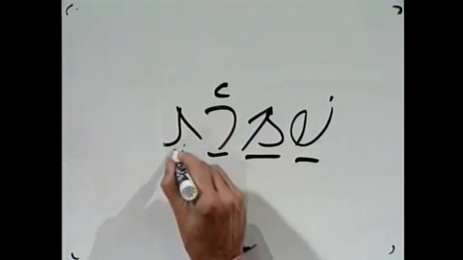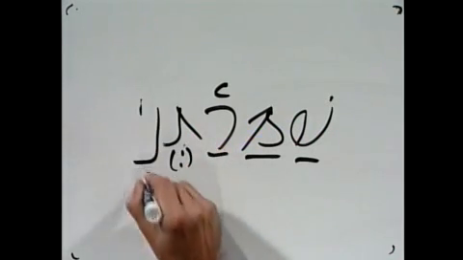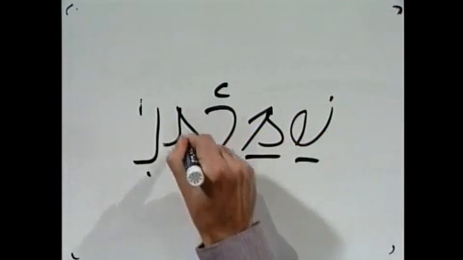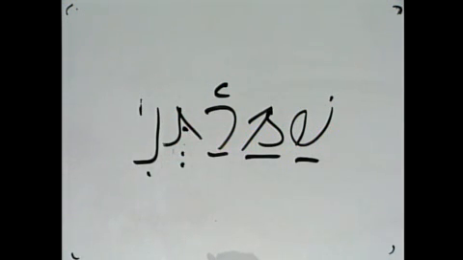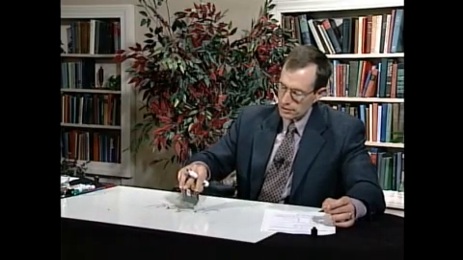And there's an implied silent schwa. But when we add the pronominal suffix, the implied silent schwa becomes no longer implied. It's an explicit schwa. Why did I put that dagesh there?